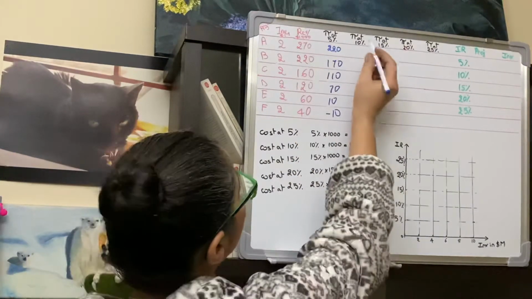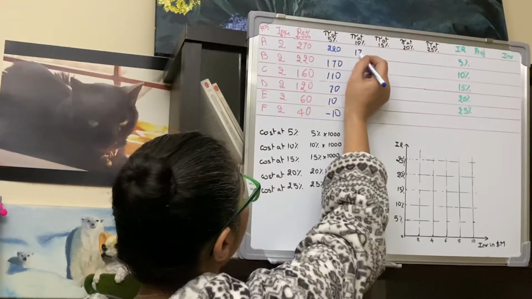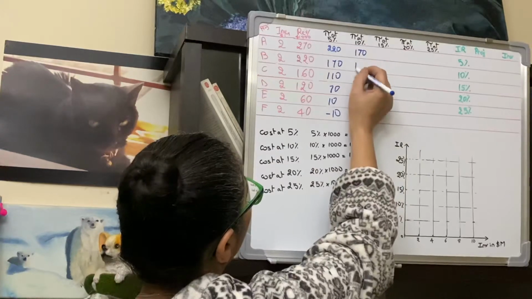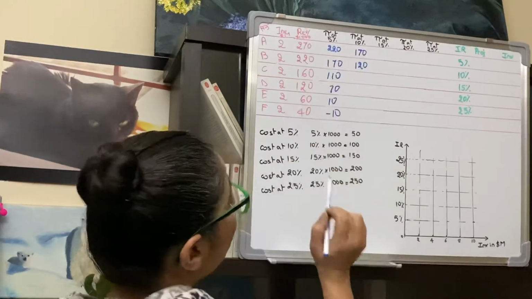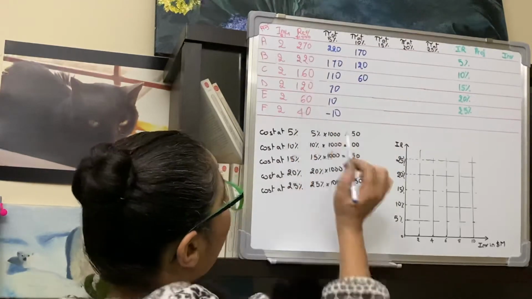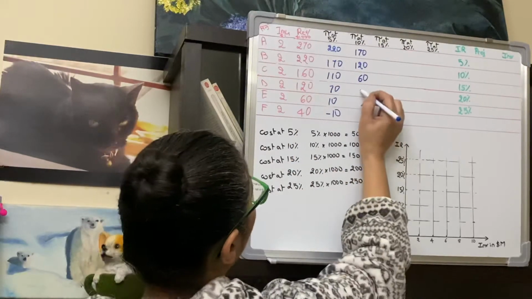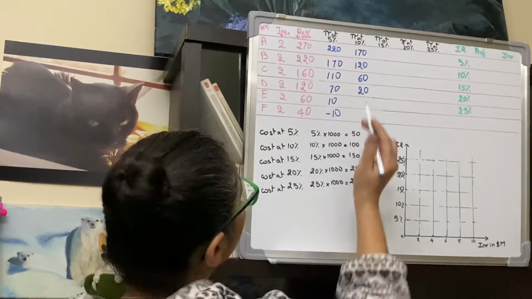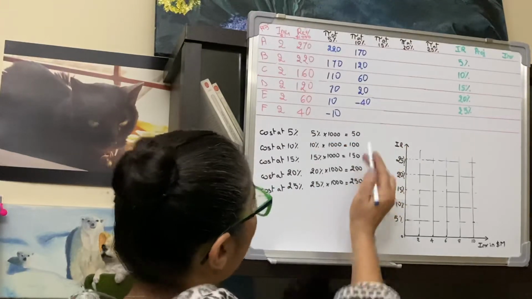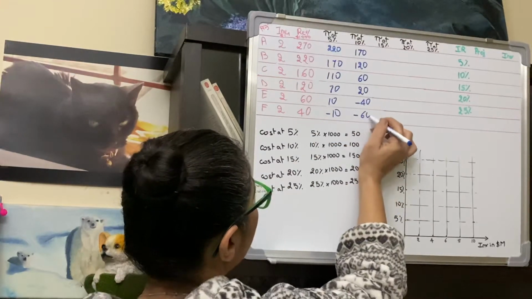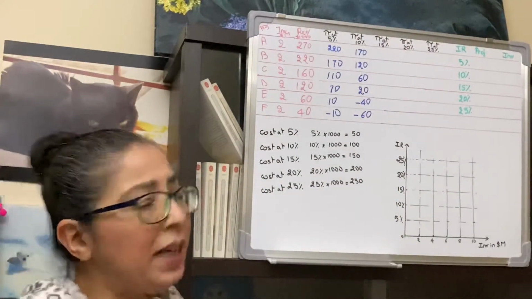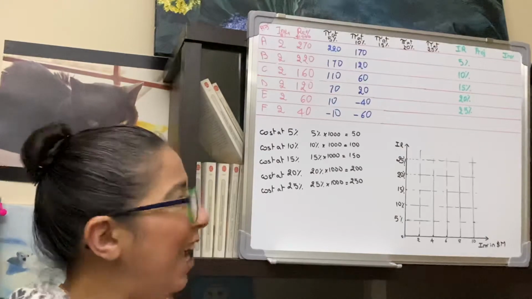So 270 minus 100, that would be 170. 220 minus 100, that would be 120. 160 minus 100, that would be 60. 120 minus 100, that would be 20. 60 minus 100, that would be minus 40. And 40 minus 100, that would be minus 60. For these two, I calculated them, but then when I find a negative, I'm just gonna stop calculating, okay?